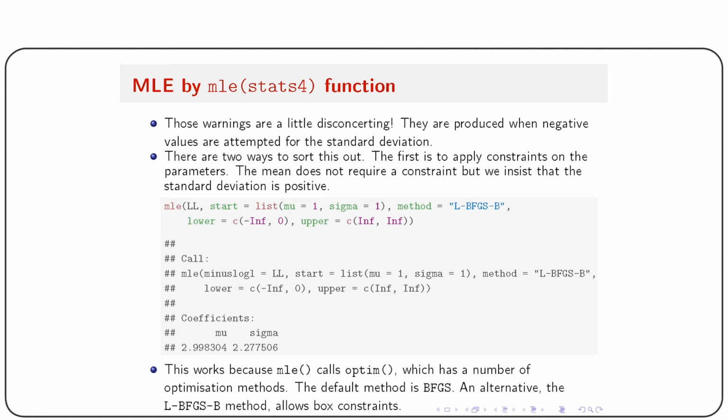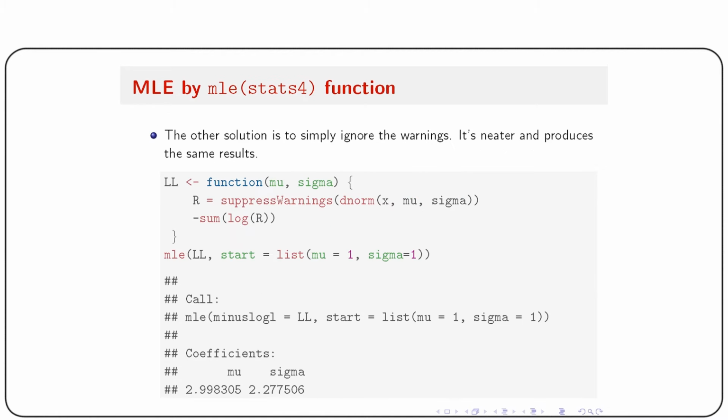These work because mle calls optim, which has a number of optimization methods. The default method is BFGS, and the alternative L-BFGS-B method also allows box constraints. The other solution is to simply ignore the warning. It's neater and produces the same results.